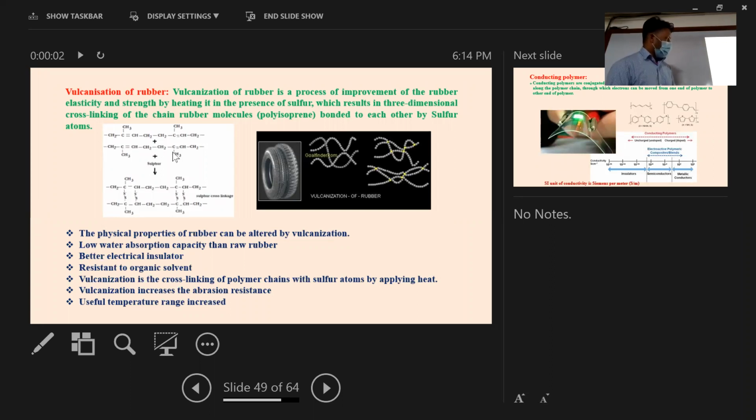Vulcanization increases the abrasion resistance. Useful temperature range increased. Normally, natural rubber can melt at very low temperature and can be used only in a certain range of temperature.